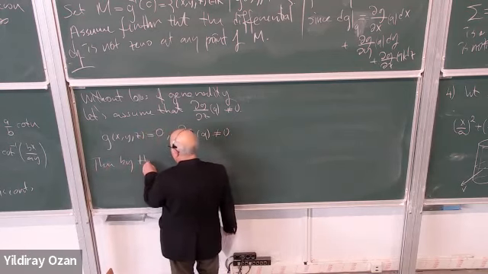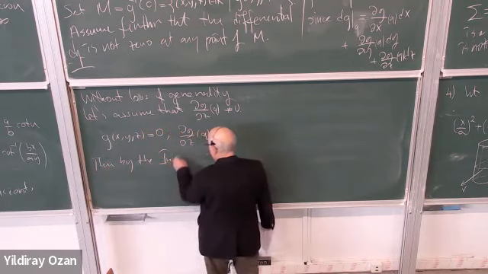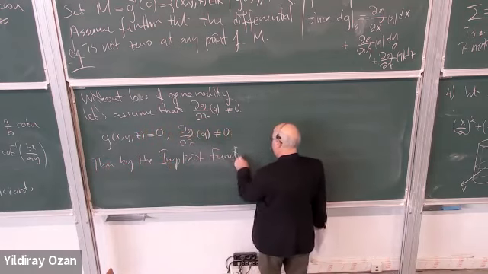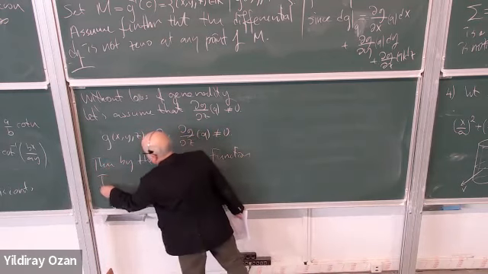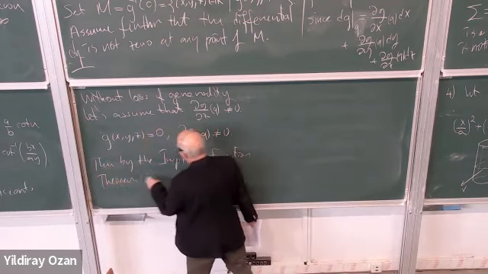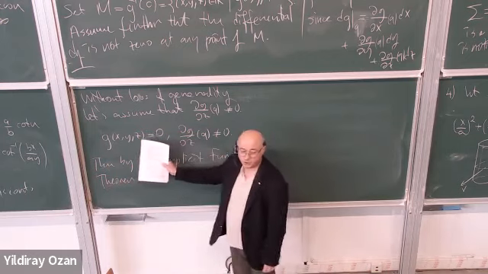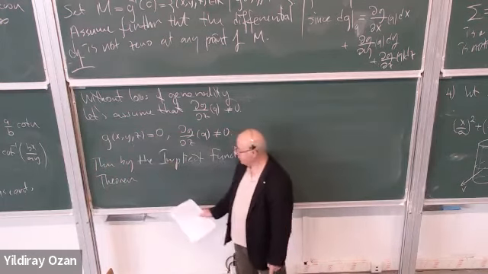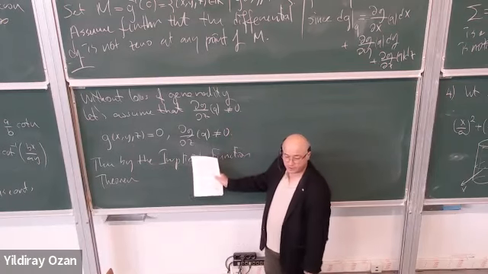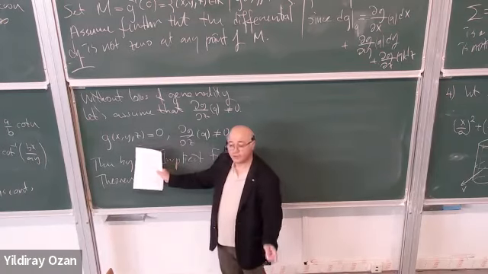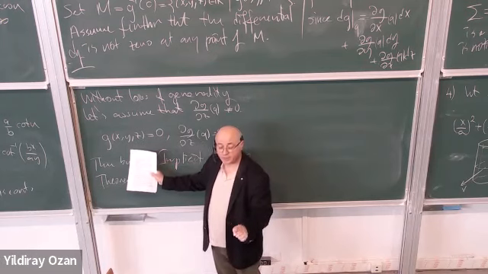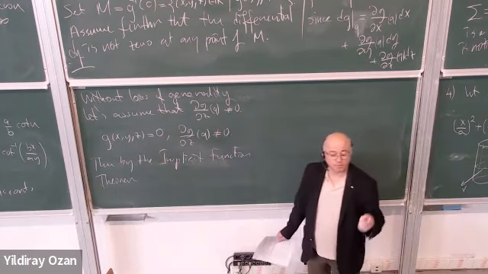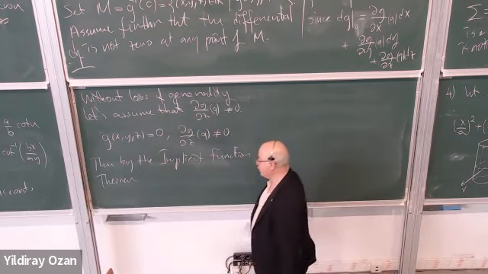by the implicit function theorem, this equation can be solved in terms of X and Y, right? That's the assumption. If this derivative is not zero, it means that you can solve Z as a function of X and Y. Moreover, that function is a differentiable function.